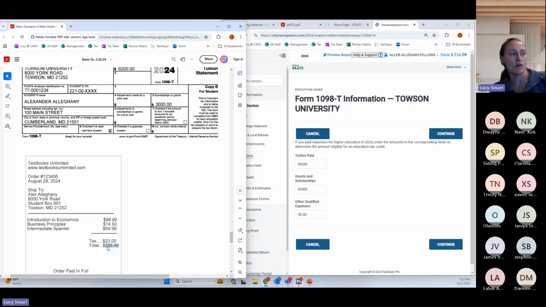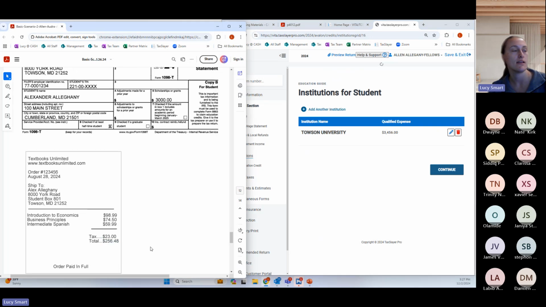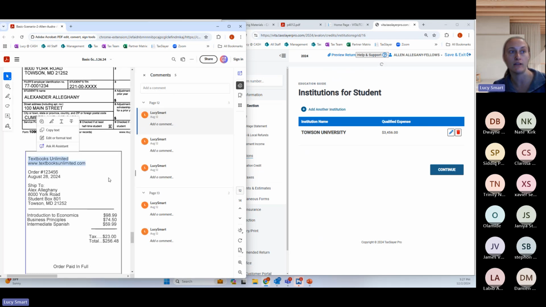So we'll put in his other qualified expenses as $256.48. Remember, the type of expenses depends on which credit they get. We've worked out ahead that we think he's going to get the American Opportunity Credit based on his situation, and we know this counts. If he was only eligible for the lifetime learning credit, these would not count because they were not required to be paid to the institution. He bought this from textbooksunlimited.com.